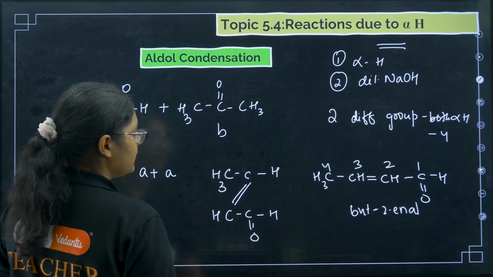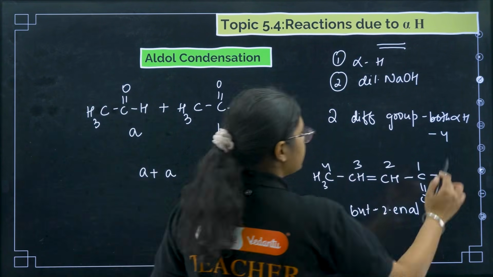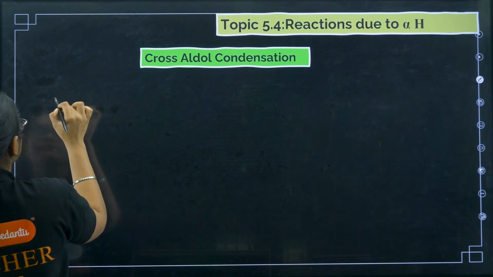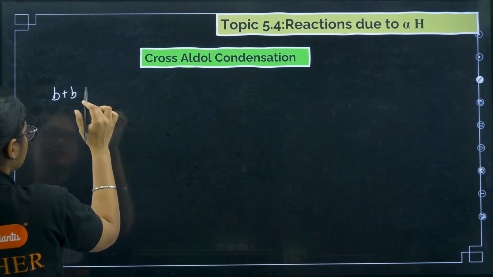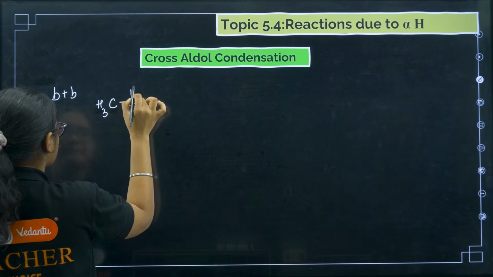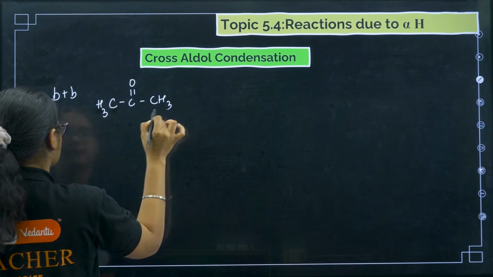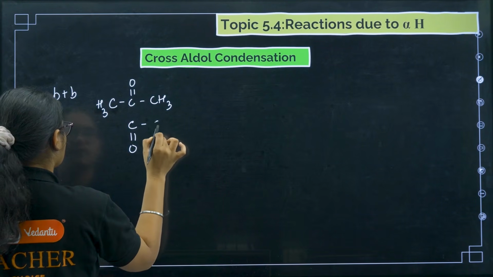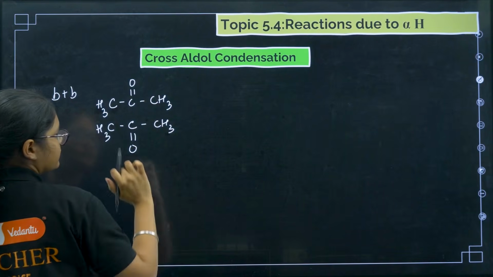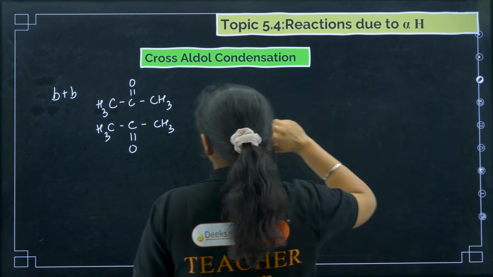Now let us do similarly B plus B. So if I solve now, B plus B means what? Acetone plus acetone. So it is like this. Okay. Now what you have to do? Just remove this one, right? So let me take the eraser.